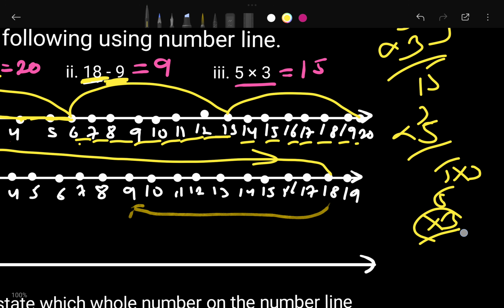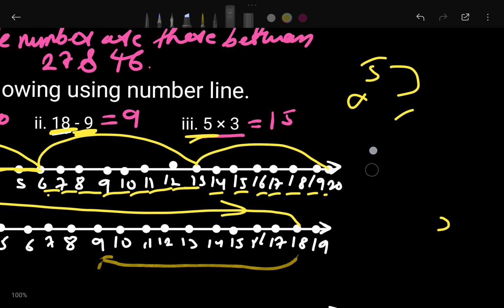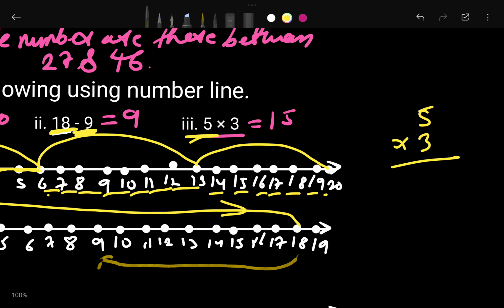Okay, so we will take the number 3 in this one. You will say why we don't take the 5? Because whenever we start writing this in general form, if you write this 5 cross 3 in general form, we will write like this 5 cross 3, and here we will multiply this 3 into 5.